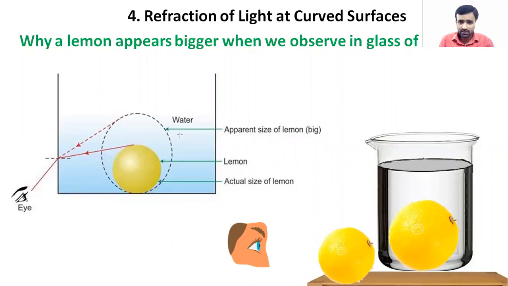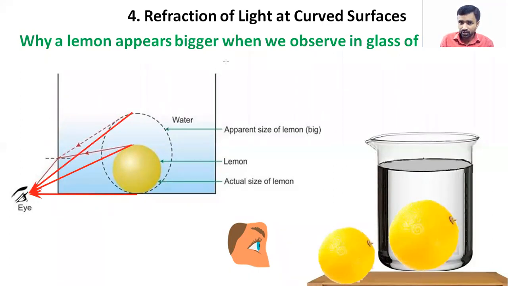Suppose I show you like this: the direction of light coming from the lemon is like this if there is no refraction at the top and the bottom, with the edge along that straight line. But when water is added, your eye cannot perceive that refraction. What it can estimate is that the light is coming from the image.